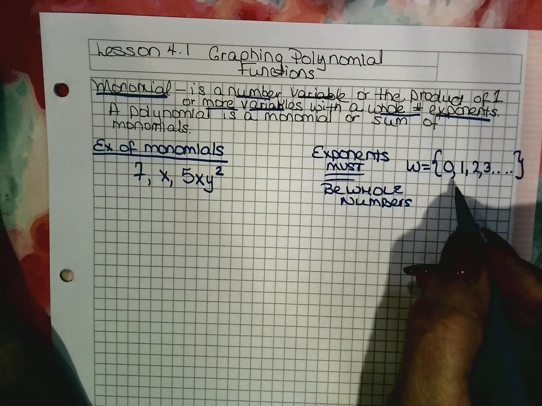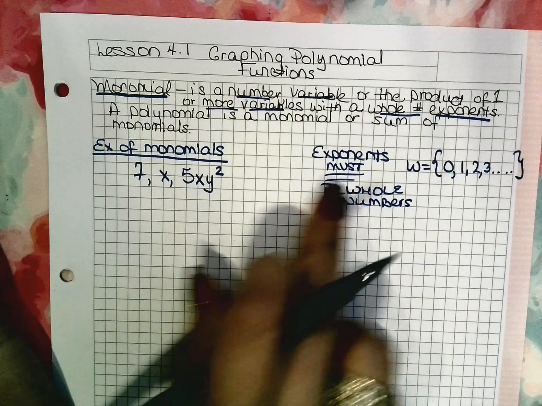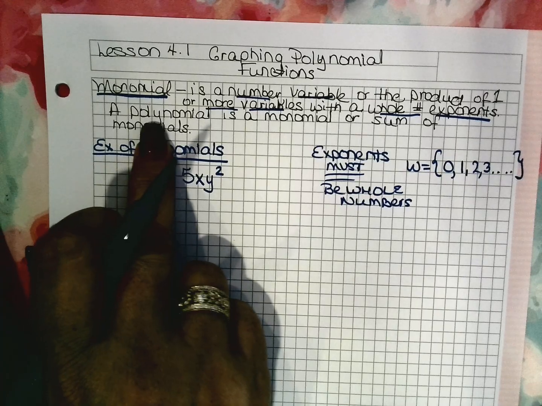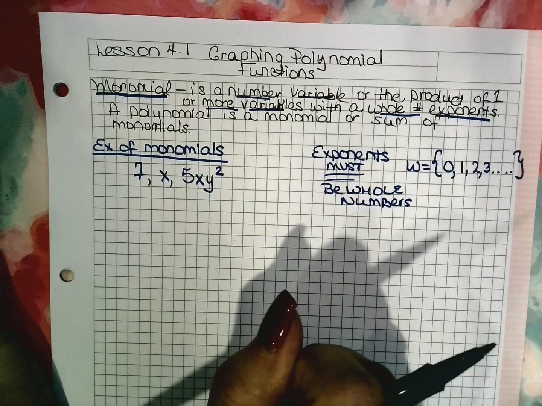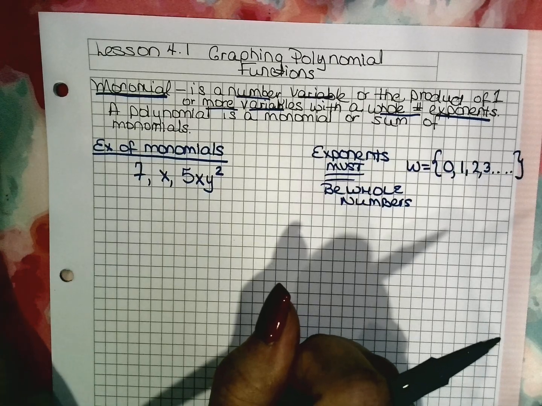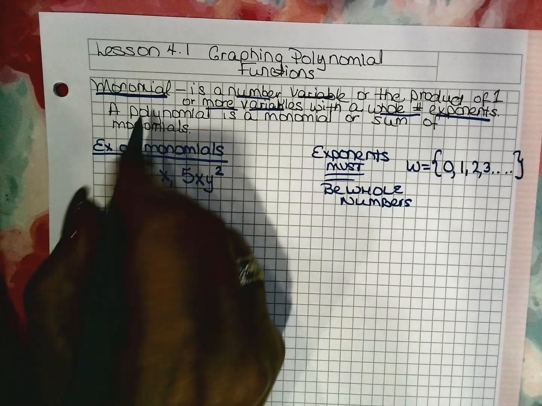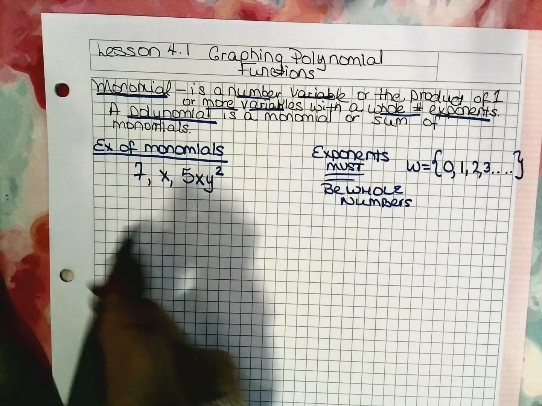The only difference between whole numbers and integers is that whole numbers cannot be negative, while integers can. Okay? So let's keep that in mind. Anytime you have exponents with monomials and also with polynomials, they have to be whole numbers. Okay? And then a polynomial is a monomial or a sum of monomials.